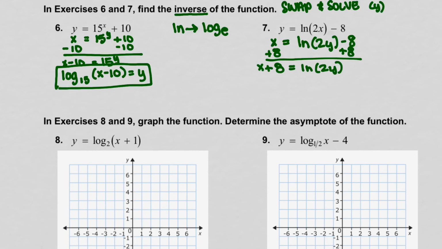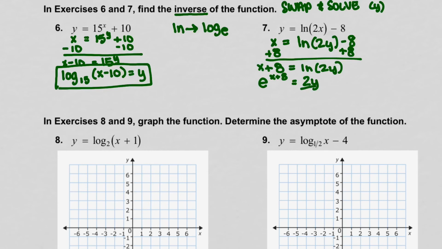I'm going to undo that log by putting it in exponential form. So the base of this we know is e. We just talked about that. And so we've got e to the x plus 8 equals 2y. And we are so close to being done, but we've got y by itself, but there's 2 copies of it over there.